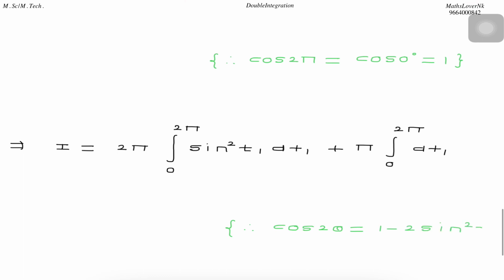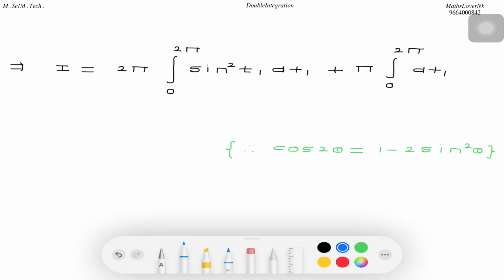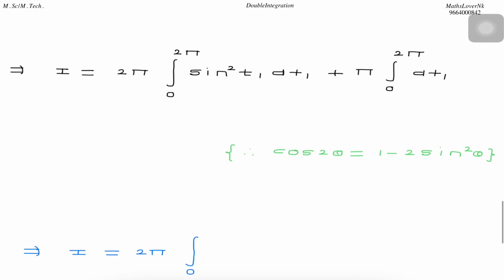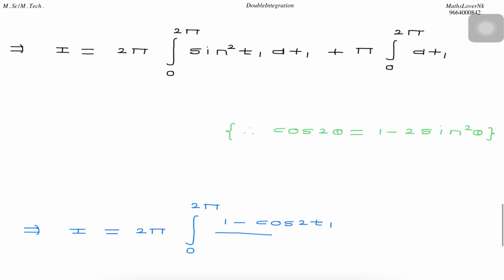So when we put the value, we get I is equal to 2 pi as it is, 0 to 2 pi. Sin square t1 can be written as 1 minus cos 2 t1 upon 2 into dt1 plus pi as it is.